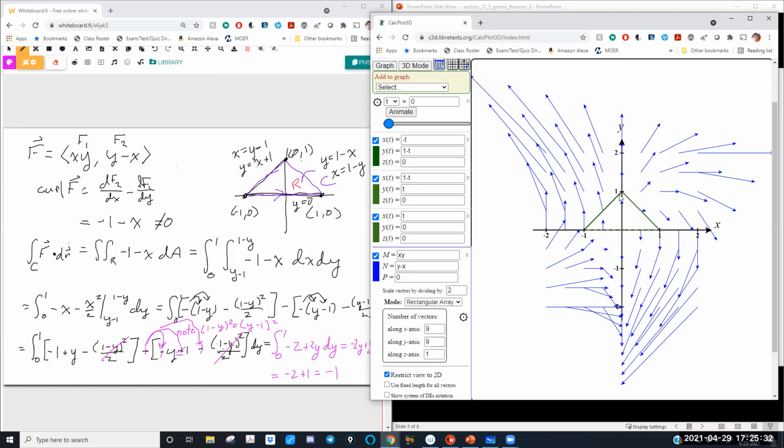Now, as we come across here, our vector field has larger magnitude and we're actually going against it again. So you'll see in the parameterization video, the line integral across the bottom is 0. On this path, it's -1/6, and on this path, it's -5/6, which corresponds with what we're seeing from the vector field.